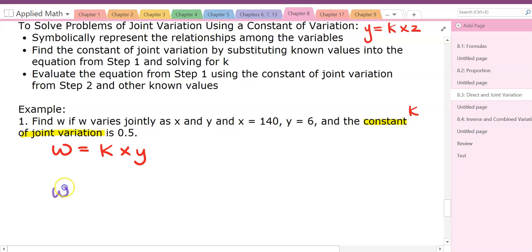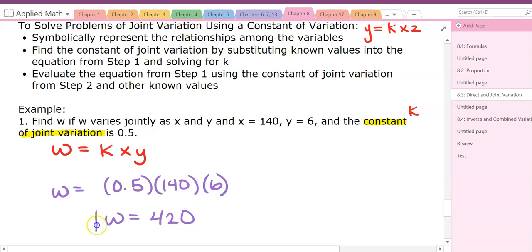So I'm going to take 0.5 in for k, 140 in for x, 6 in for y. So I want you guys to multiply that, and somebody tell me what you get. Okay, so that would be what w equals.